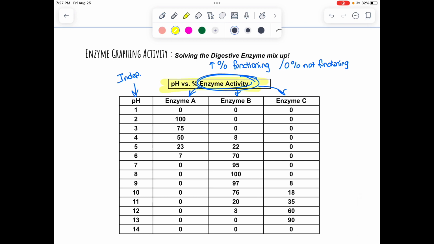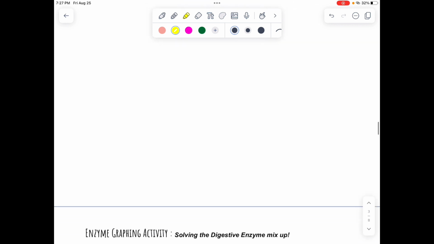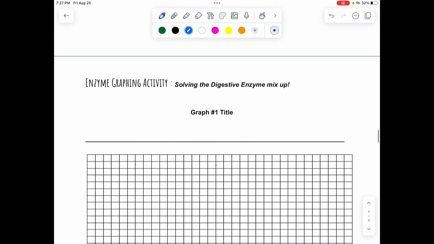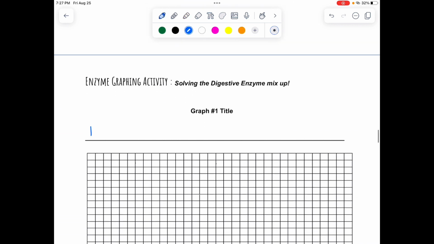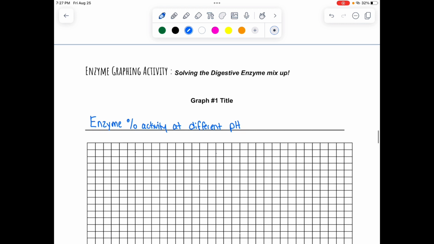So our title of our first graph is going to be enzyme percent activity at different pHs. That's what that data is showing us. It's showing us the percentage of activity at different pHs.